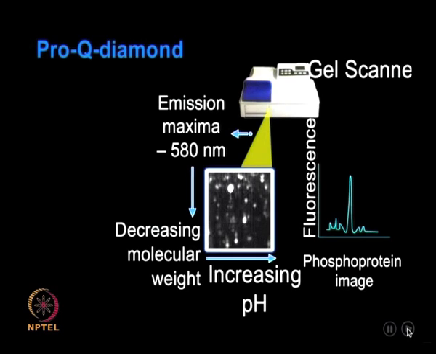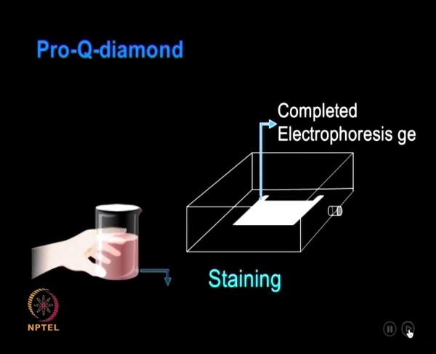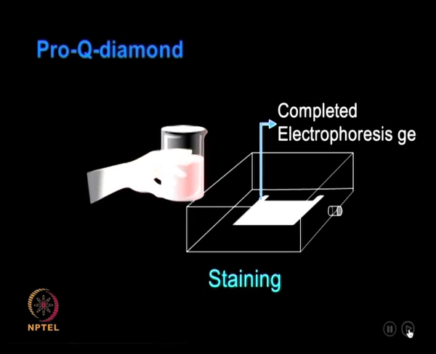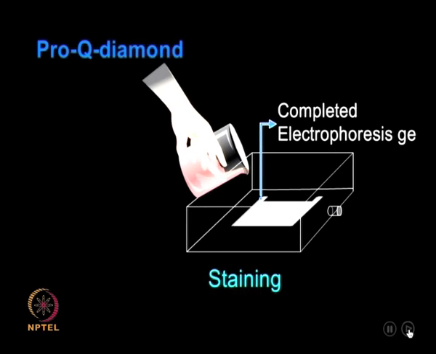Often people combine this phospho stain along with SYPRO Ruby stain to obtain dual staining information, which was described in the lecture.